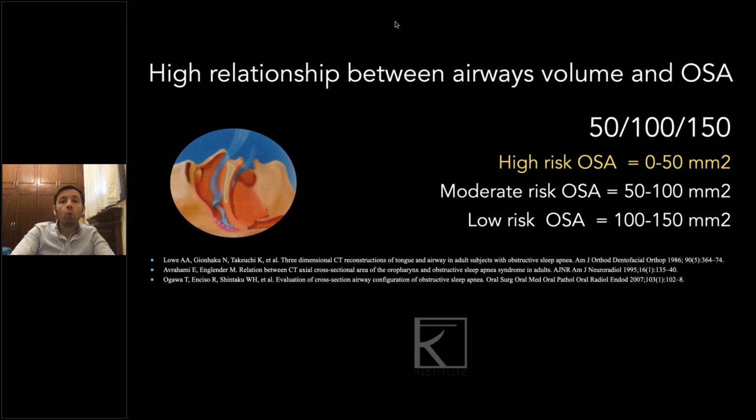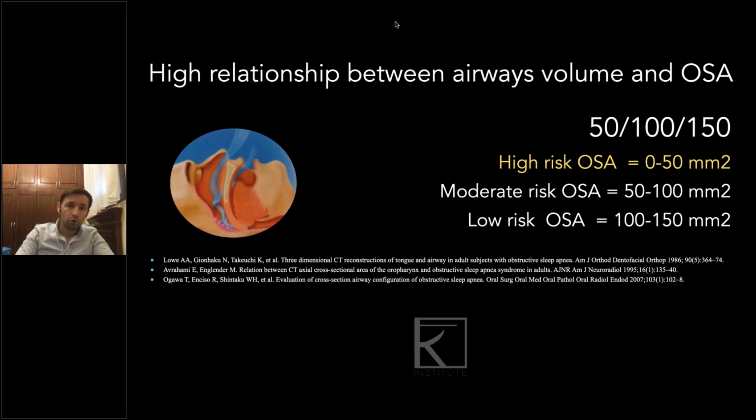And we only have one tool in our office to diagnose the volume of the airways. If we check the research, we are going to see that there is a high relationship between airway volume and sleep apnea.